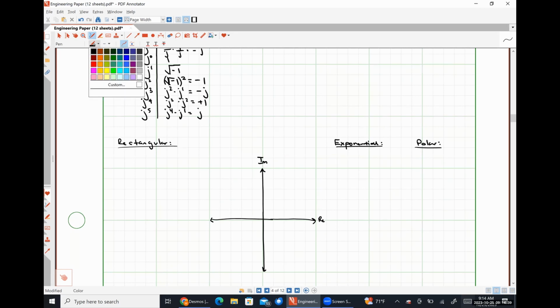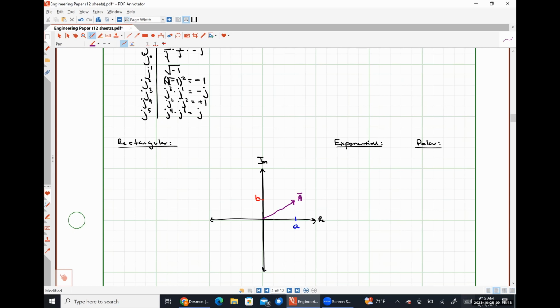So let's say that I go out a units in the real direction and b units in the positive imaginary direction to form some complex number that I'm going to call uppercase A, and I'm going to put a bar over it. And that bar is letting me know that I'm dealing with a complex number because I can't write in boldface.